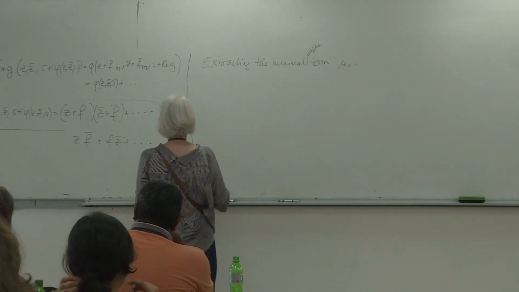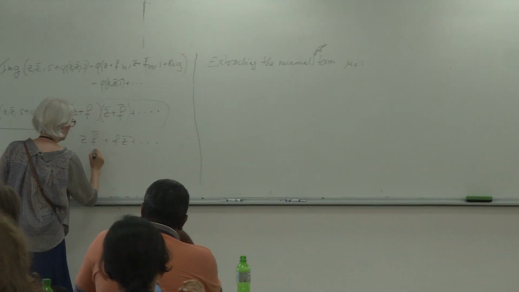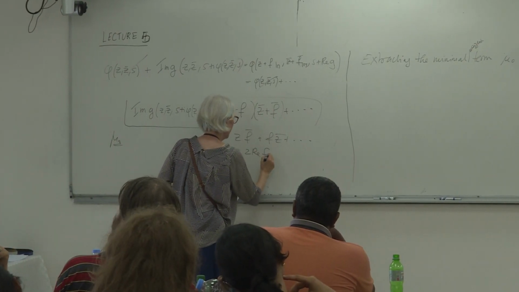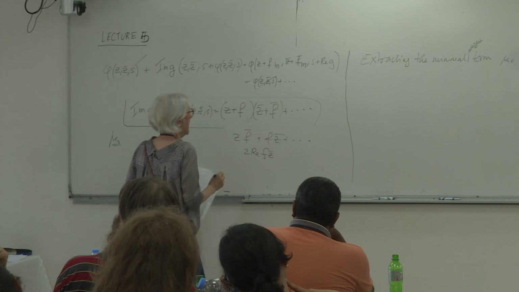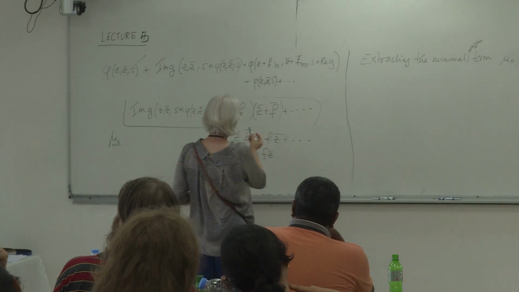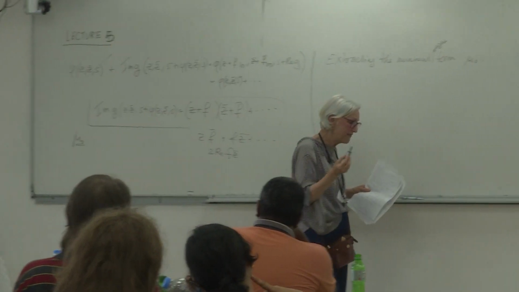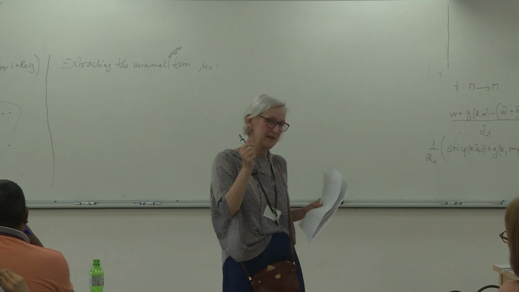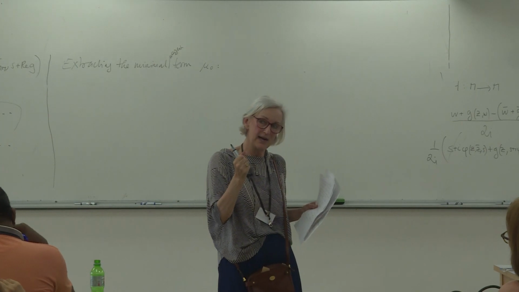You have to get, but I think you have already an idea, because this is 2 real F Z bar, okay? But you remember F is given as S plus I phi. So you have to forget about the perturbation, which is important. It's S plus I Z bar.